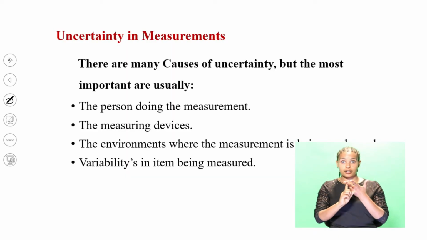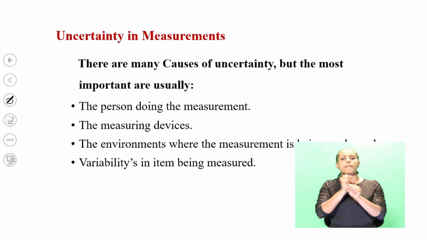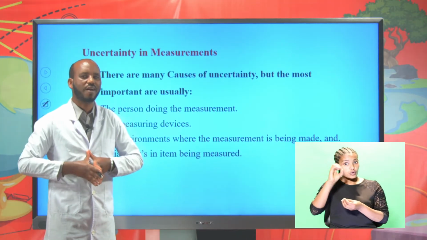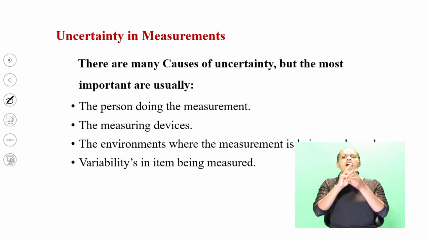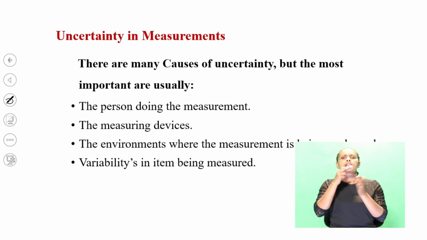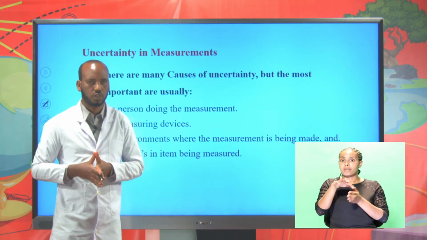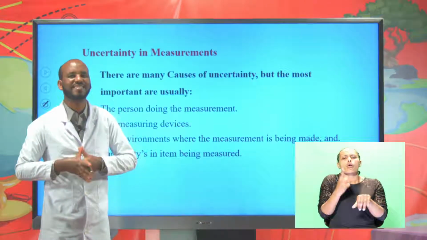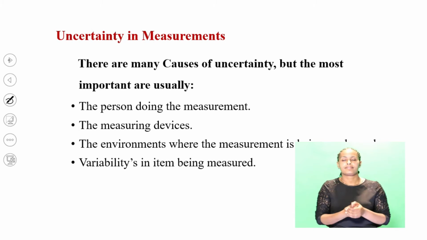Three, the environment where the measurement is being made is also a cause for uncertainty. Four, variabilities in the item being measured. These are some causes of uncertainty. Therefore, numbers obtained by measurements are always uncertain. They have some uncertainty.